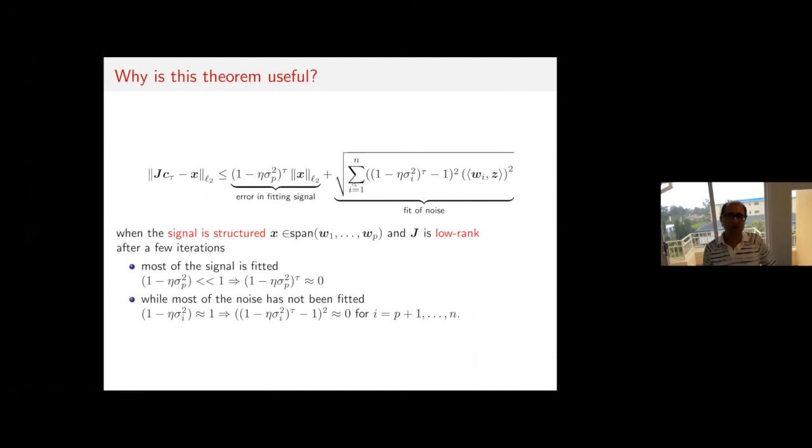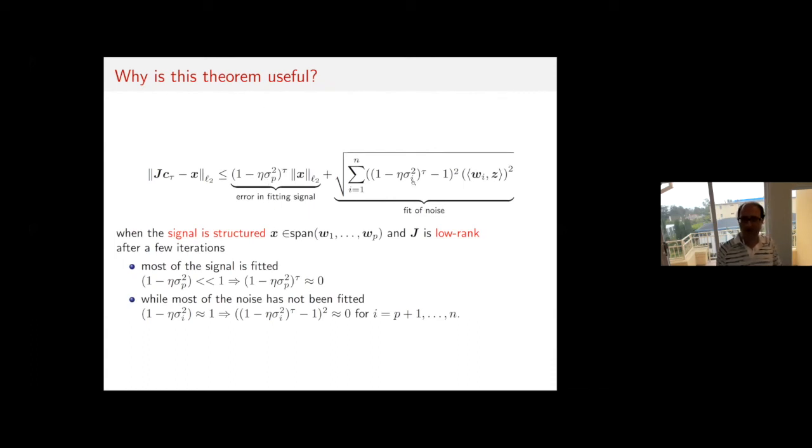And so again, if the two key properties that we discussed hold, if the signal is structured, meaning X is in the span of the top basis of J, and J is low rank, meaning the eigenvalues drop down very quickly, then this term is much, much smaller than 1. So if you iterate, even if you do very few iterations, this term goes down to 0 very quickly.